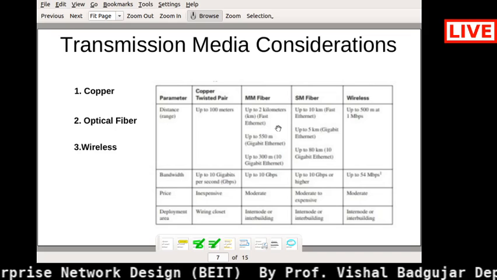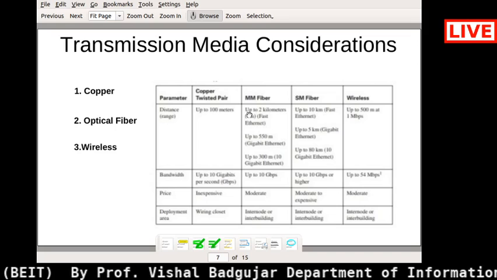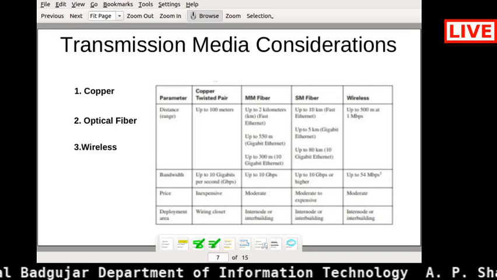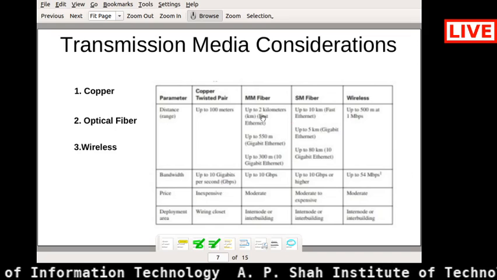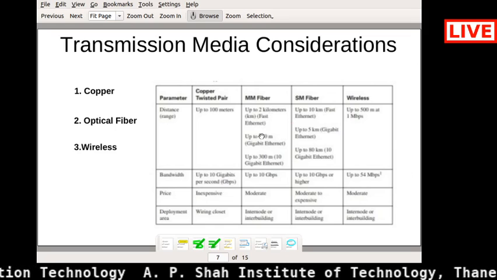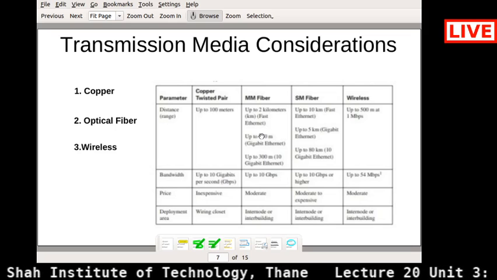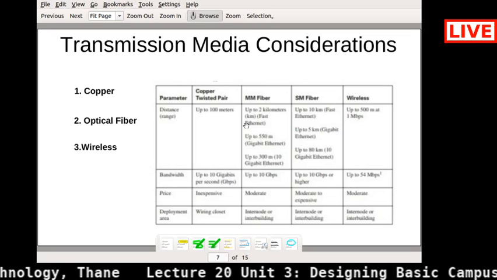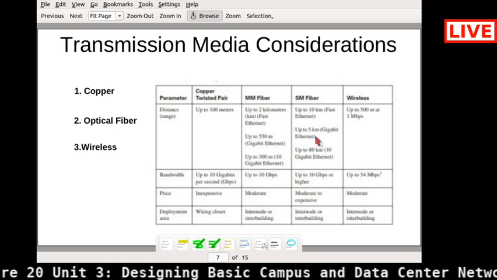This multi-mode fiber is very light in weight and has a smaller diameter. It can be used only up to 2 kilometers distance, and if it is greater, then we can use this SM cable. So all these things you must know.